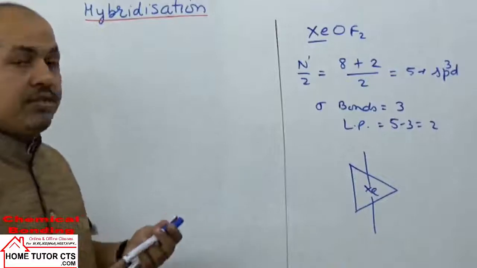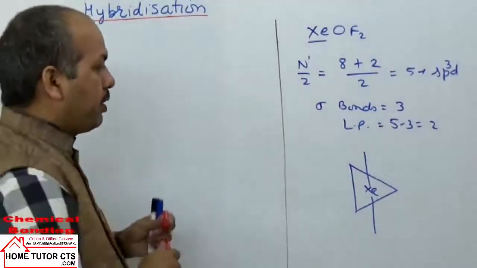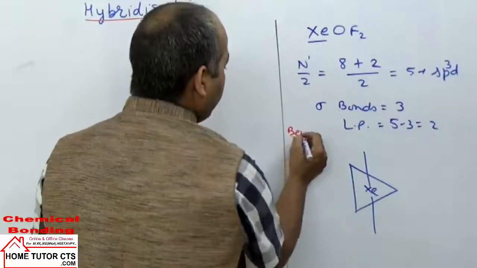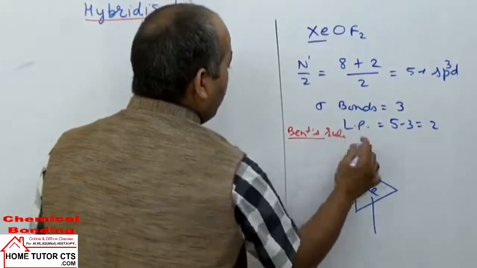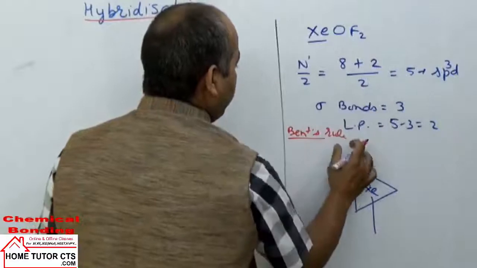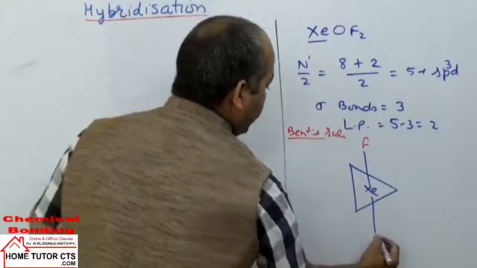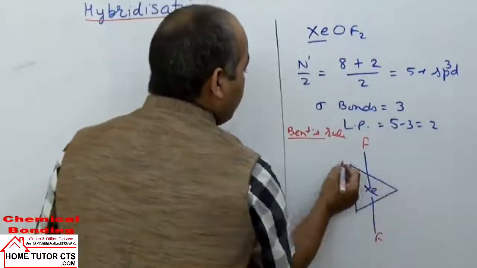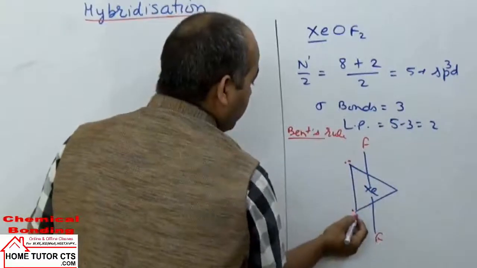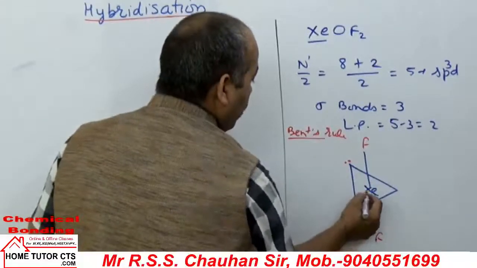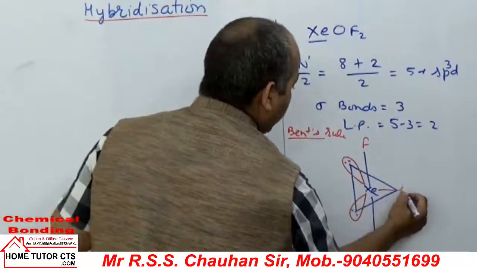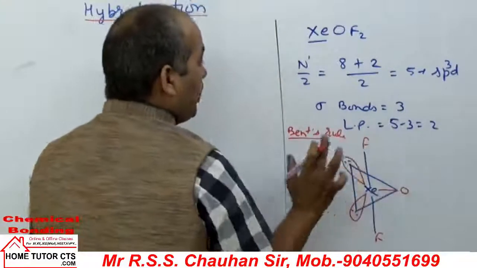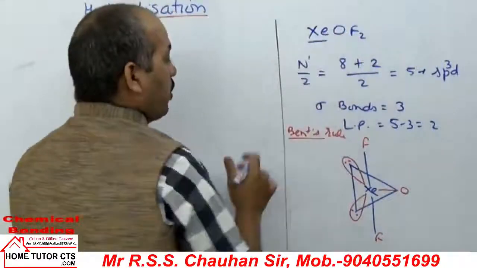In this geometry we apply the bent rule. As per the bent rule, the more electronegative atom, fluorine, will go at the axial positions. First place the 2 lone pairs at equatorial positions, and then bond the 3 atoms, 2 fluorine and 1 oxygen.